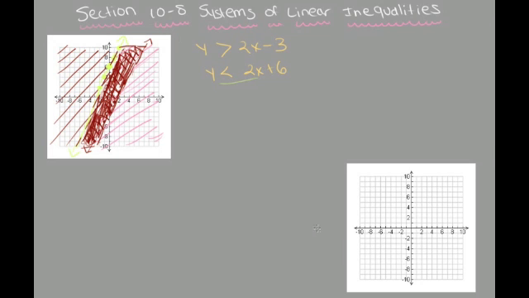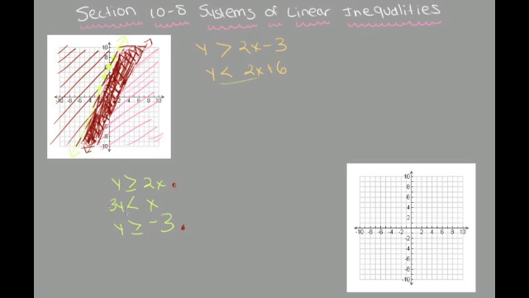It's with 3 inequalities. Our inequalities will be y is greater than or equal to 2x, 3y is less than x, and y is greater than or equal to negative 3. For the first and third, we have y isolated, but for this one we don't.